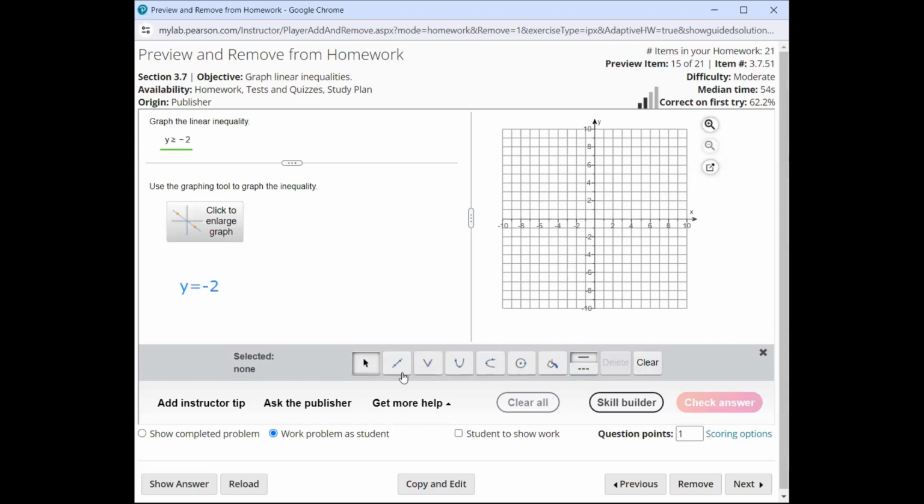Okay, we know that y is equal to negative 2 is a horizontal line because all the points on this line, as you can see, have y coordinate equal to negative 2. So you select any 2 points along this line, okay? I selected these 2 points.